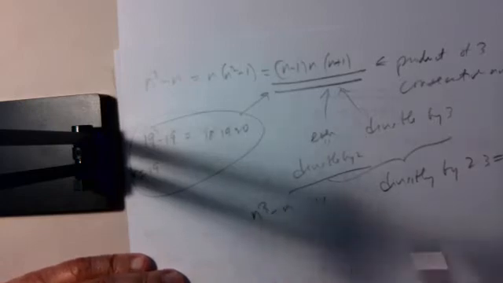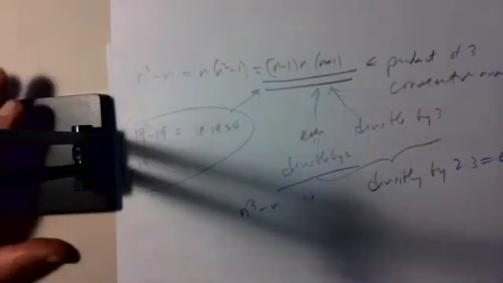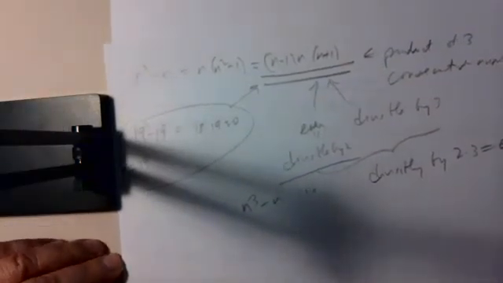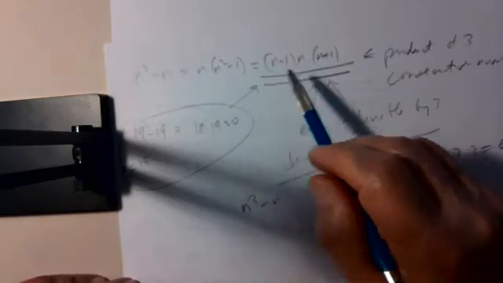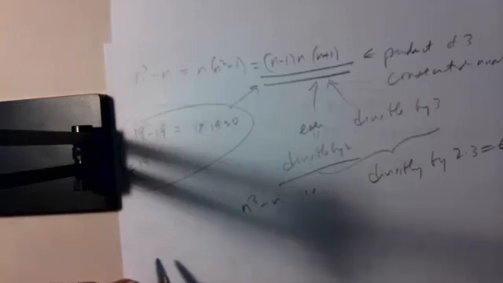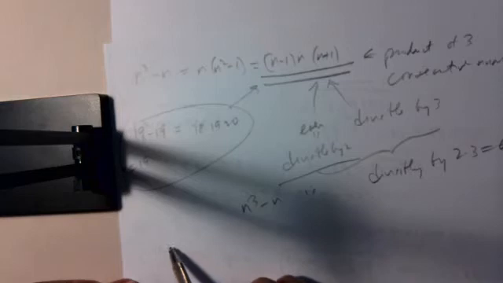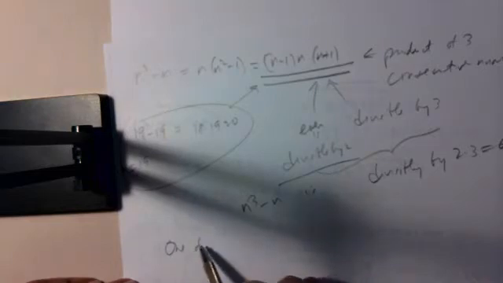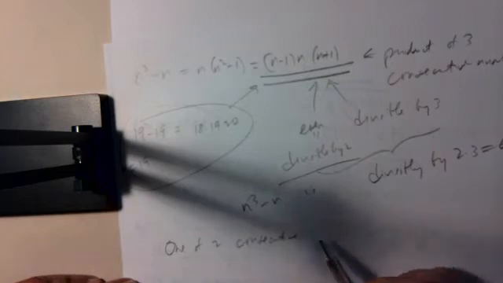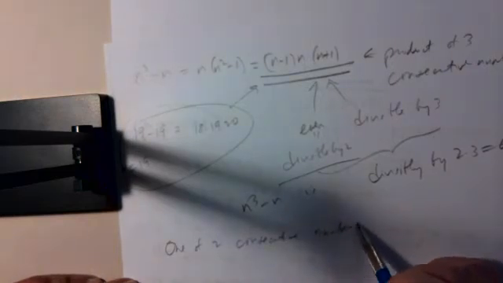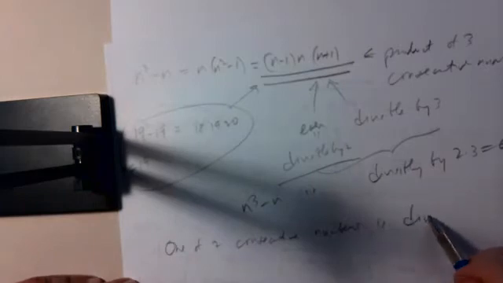I'm sorry, Professor, quick question. What is divisible by 3 again? Sorry? What is divisible by 3, n plus 1? If you have 3 consecutive numbers, so exactly one of 2 consecutive numbers is divisible by 2.